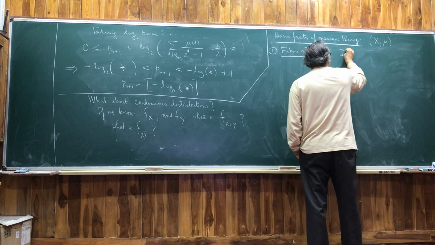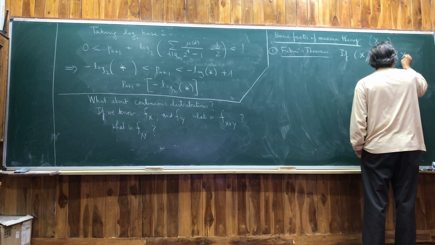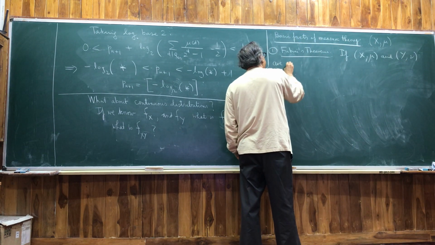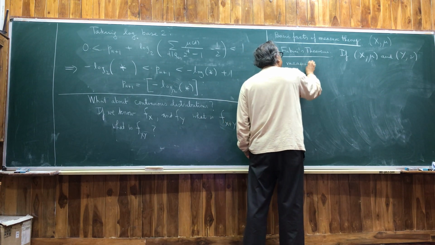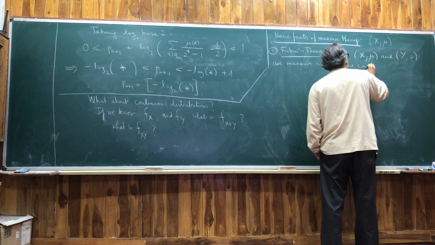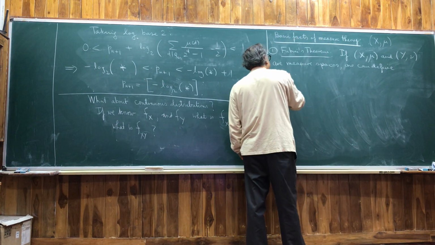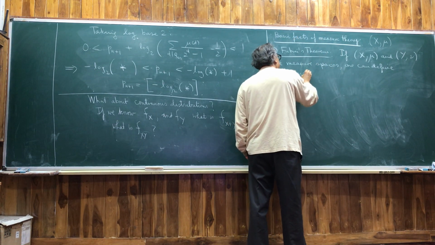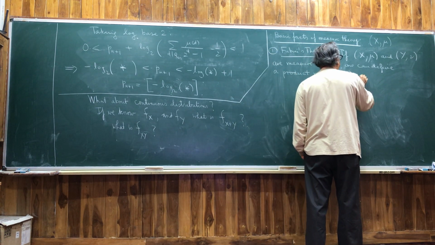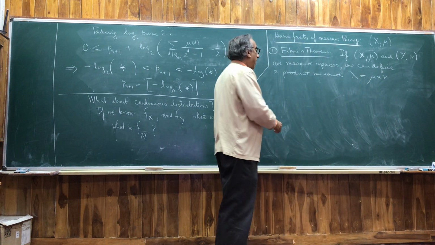So if X, mu and Y, nu are two measure spaces, one can define a product measure lambda, call it, or sometimes people write mu cross nu, on the product space.